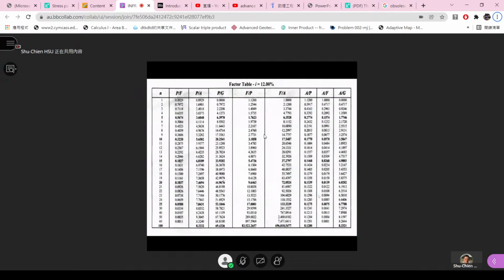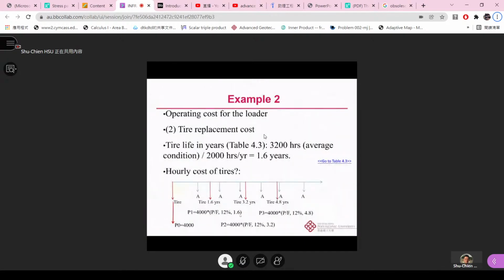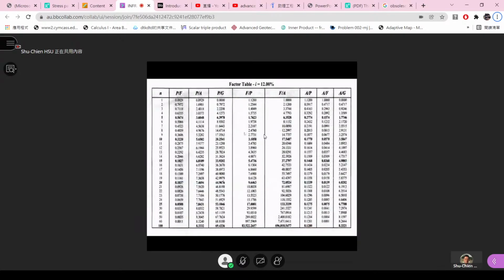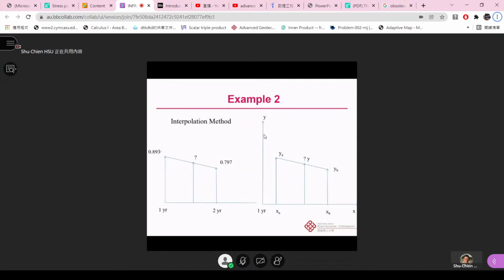So we cannot really find this kind of number for n of 1.6, a decimal, directly, but we can do interpolation. For example, for the first year, we get 0.893, and the second year is 0.797. So for 1.6 years, it should be a value between these two numbers, right?